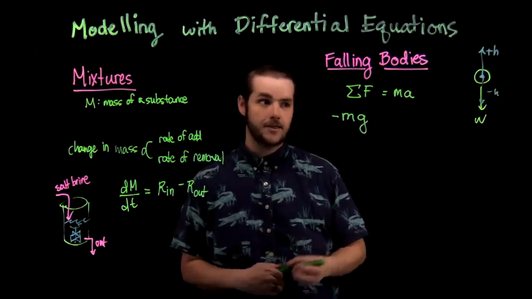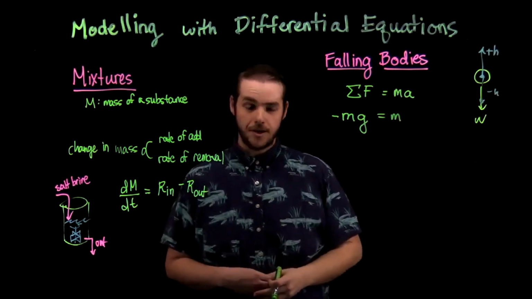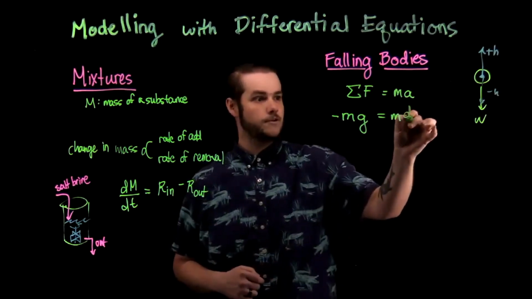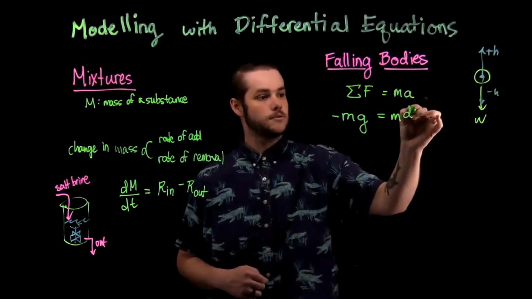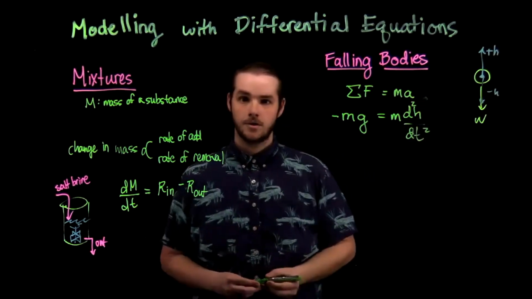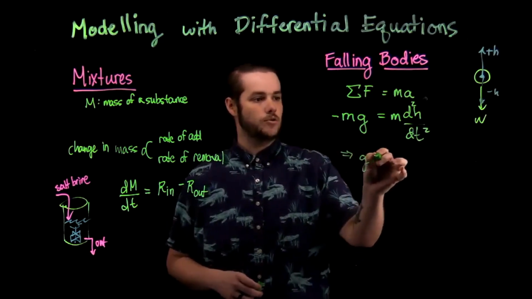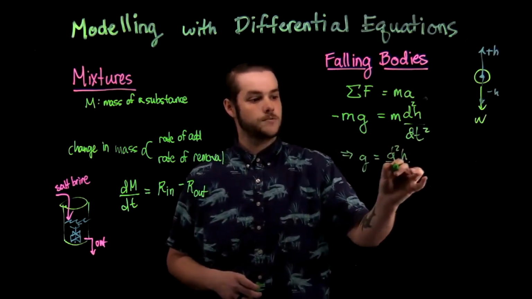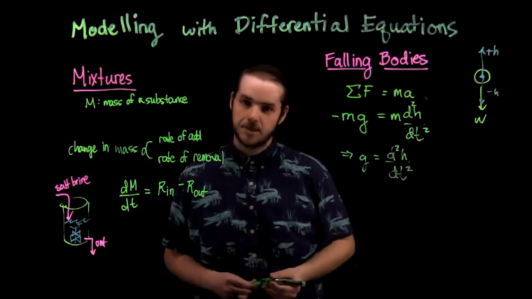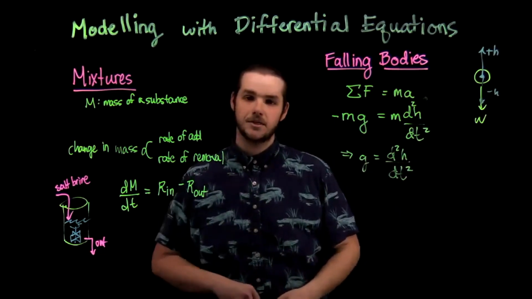On the right-hand side of the equation, we can write the acceleration as the second derivative of its height with respect to time. Cancelling the m on both sides, we get that -g equals d²h/dt². And here we can see that Newton's second law can often be written as a differential equation.